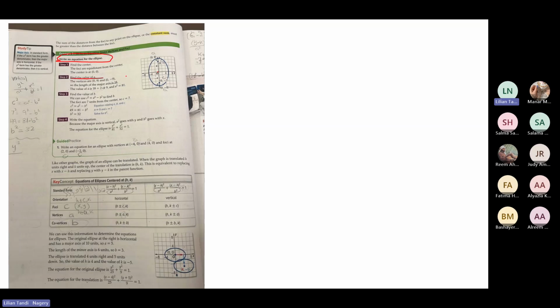So how many vertices do we have? There is a vertex at 0, 9 here. Vertex 1 is 0, 9. Remember in our picture, for a vertical ellipse the vertices are up and down, and the co-vertices are left and right.